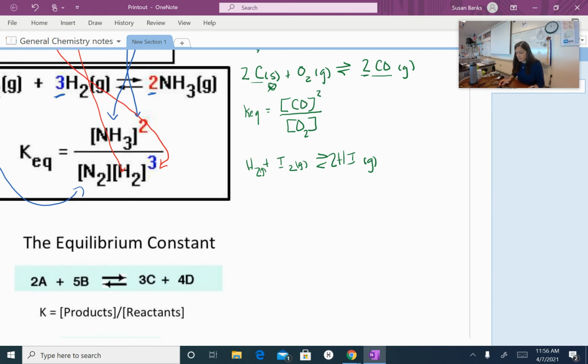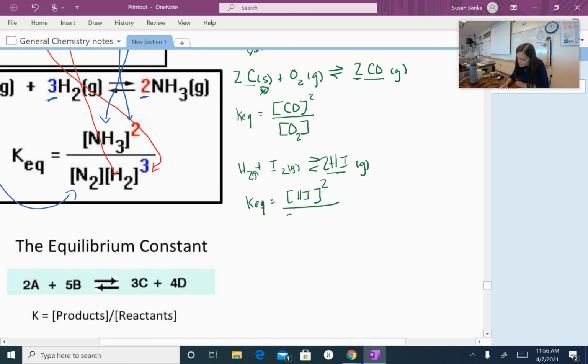You ready to check? Okay, this is what I would do for an equilibrium expression of this. Okay, products. We have hydrogen iodide, and it is in the gas state, so we can definitely put that there. Our coefficient of 2 is going to become an exponent. And then that's all our products. So let's look at our reactants. I've got hydrogen, and it's a gas, so I'm going to definitely put that there.